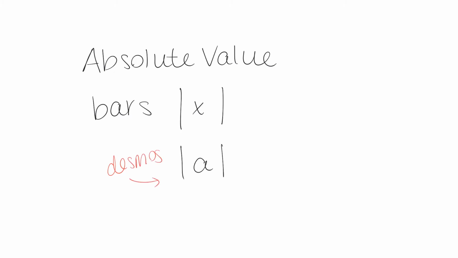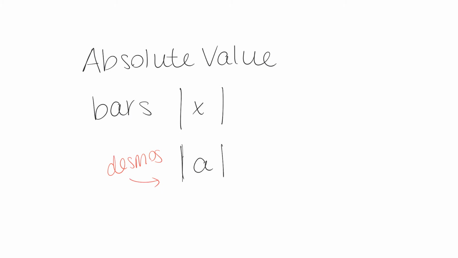So here's what absolute value looks like. Absolute value uses a new notation that we've never seen before, and we call them bars. And they're just 2 long lines. And we put a number in the middle, like an X or maybe even an A. If you're using Desmos, the button on Desmos and a lot of calculators looks like this.